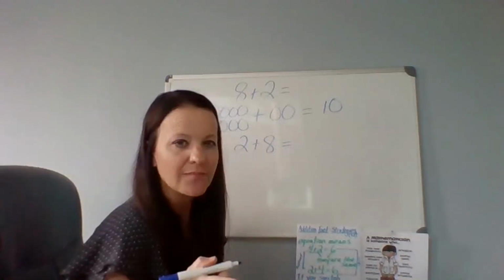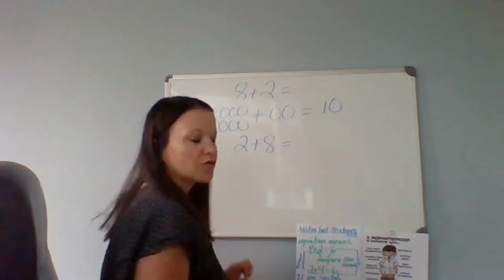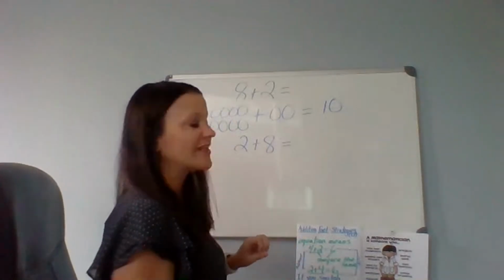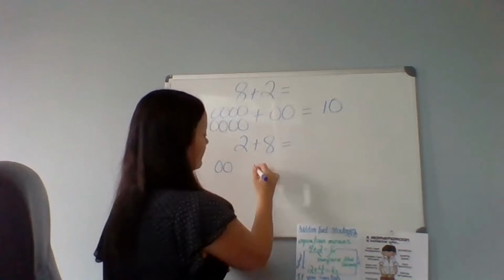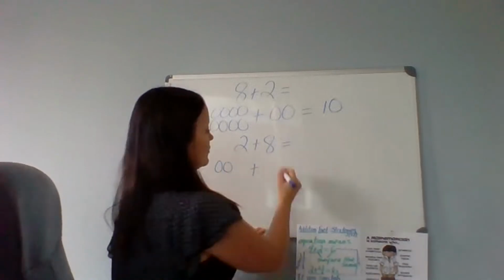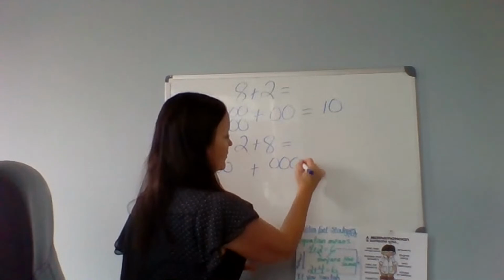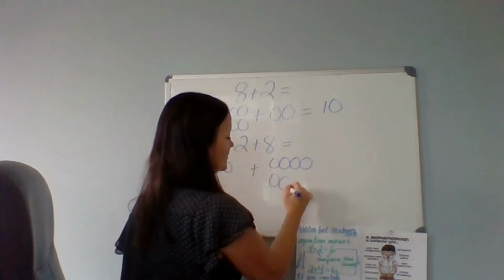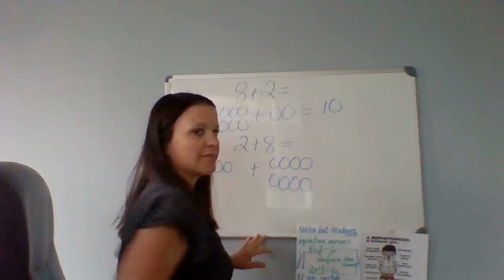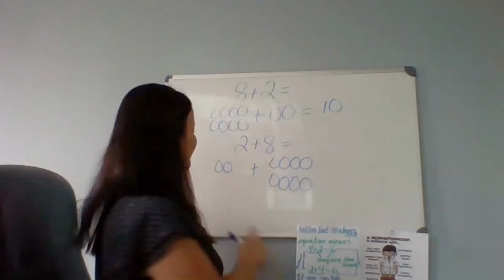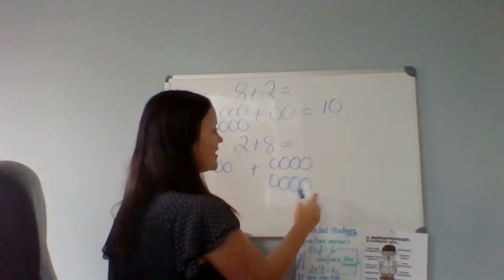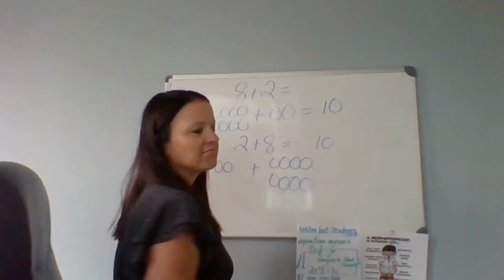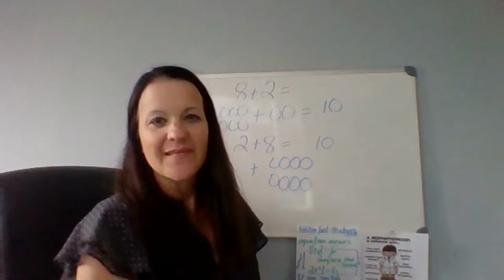We can think that, but we're going to try it too, because we're going to draw our circles or use our counters. So I have 2 here, plus 8 here. I'm going to count them all up again. 1, 2, 3, 4, 5, 6, 7, 8, 9, 10. Same answer, friends. Same answer.